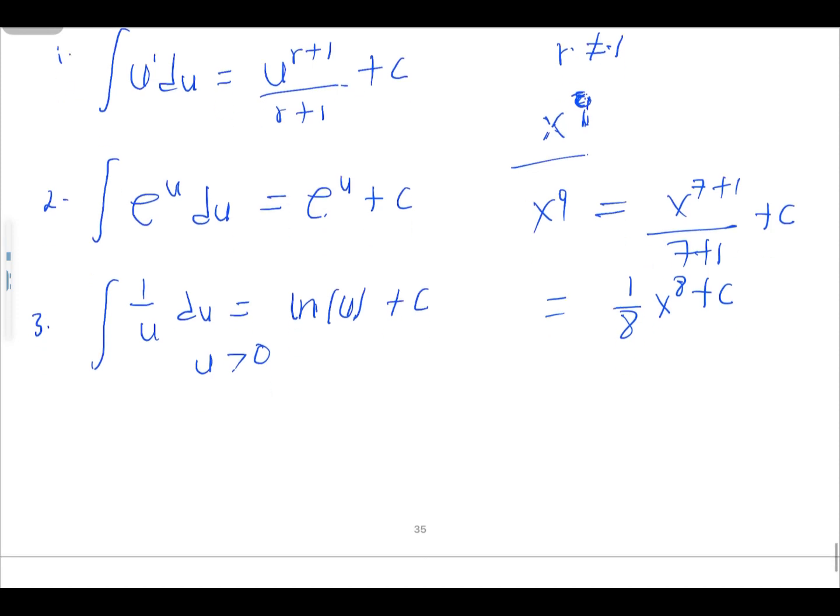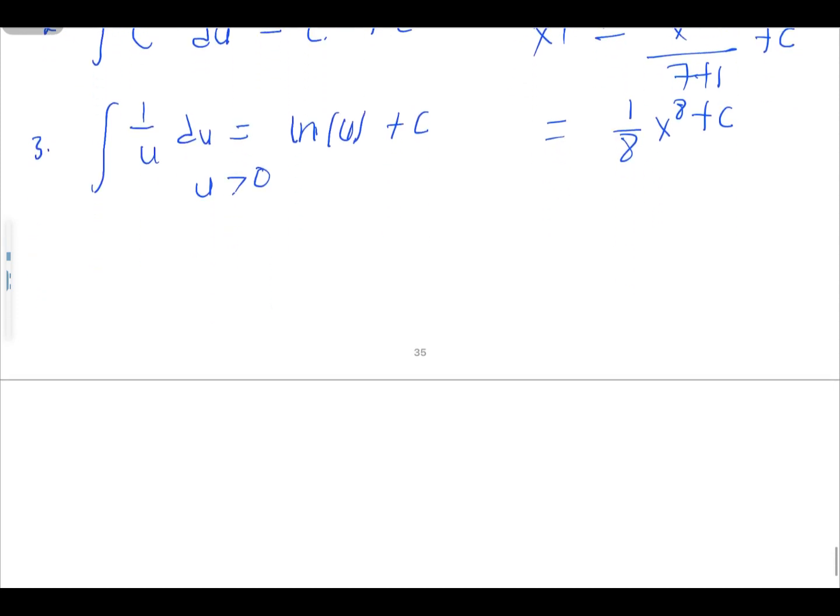But what if you get an integral which contains something like the integral of (2x minus 3) to the power 7? In this case, we can see that the integrand here is more complicated.